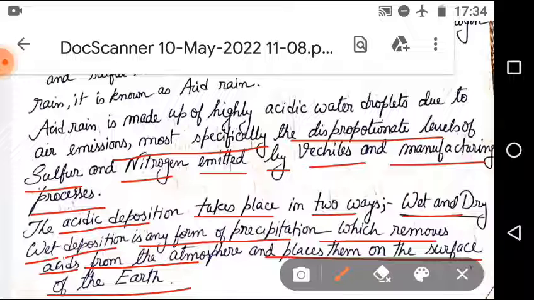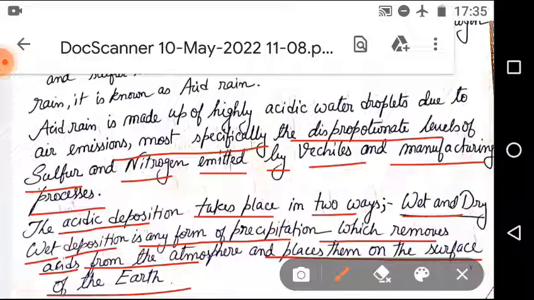It may be hailstones, sleet, ice crystals, snowflakes or raindrops.